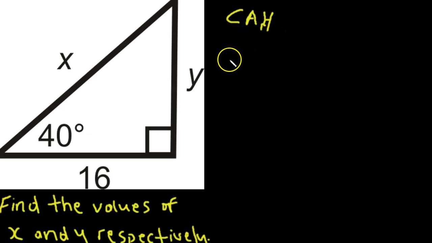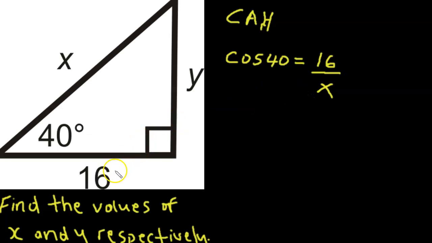So let's go ahead and find it. So cos 40, that's the angle in question, is equal to adjacent, which is 16, over hypotenuse, which is x. So cos is adjacent over hypotenuse.